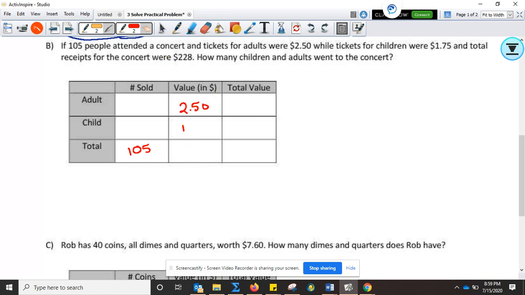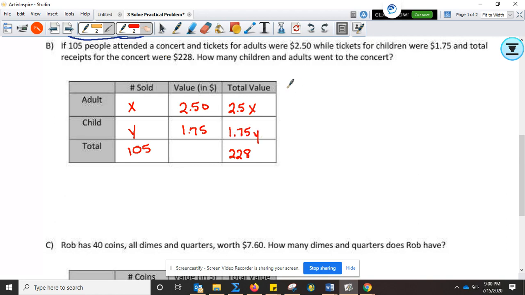Tickets for children were $1.75. And the total receipts for the concert were $228. This time I'm going to call it X and Y, because you can do either one. So you have 2.5X and 1.75Y.